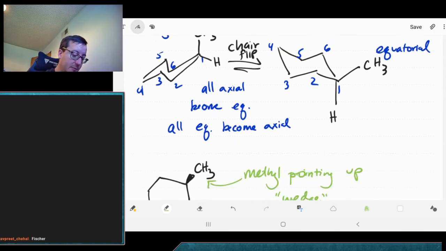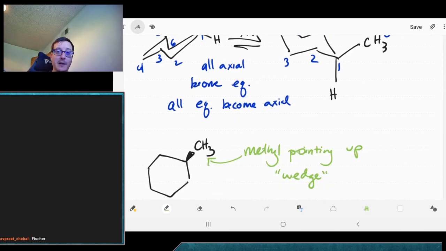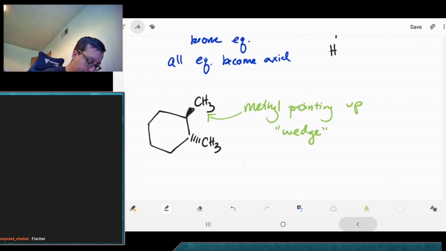In this case, it doesn't really matter, as we'll find out next chapter, but say if these two things are like this, these would be trans to each other, right? They're on opposite sides. One's on a wedge, one's on a dash. This is a methyl pointing down.